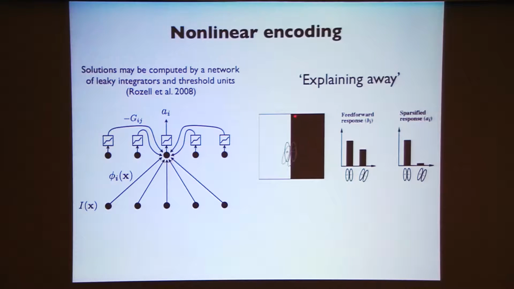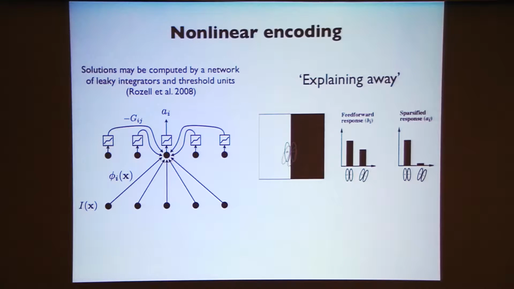If you come along with an edge like this, that's best aligned to this vertical Gabor, but less aligned with the more oblique Gabor, then the unit that's most aligned with the image is going to respond the most. But the thing that's different from just computing inner products is this: if you just computed inner products, then the unit with the oblique receptive field would have a partial response. But when you do this explaining away, this unit is going to try to inhibit that unit, saying, look, I explain the image best. I don't need you to explain the image. That's going to happen as part of this nonlinear computation in computing the sparse coefficients.